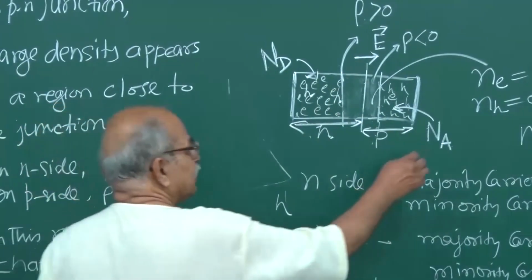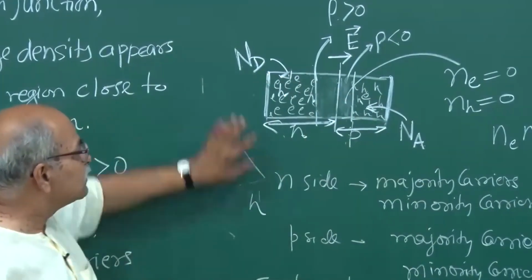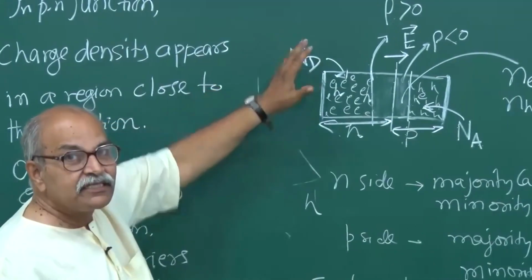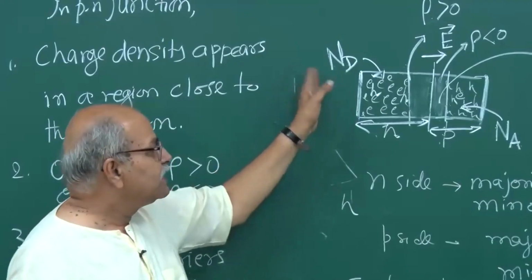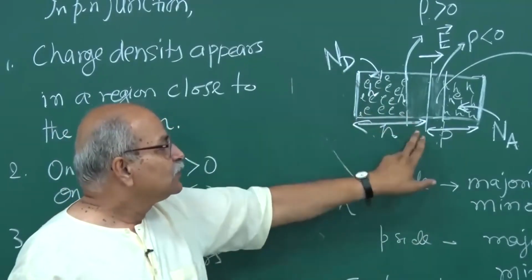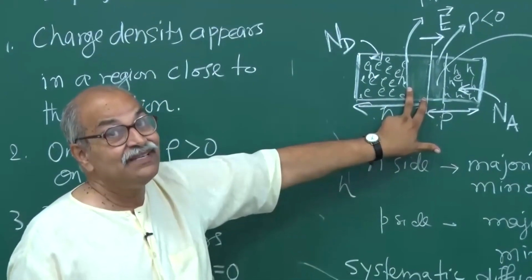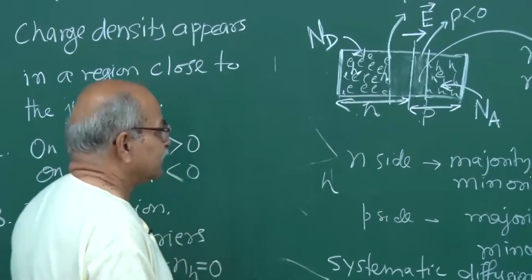Na and Nd will decide this. The larger the impurity concentration, the smaller will be the width. So, if Na and Nd are not equal, you can have unequal widths on the two sides of the junction. So, those are the things.